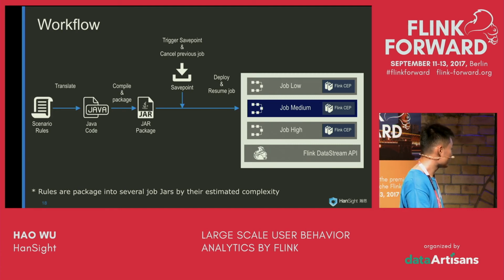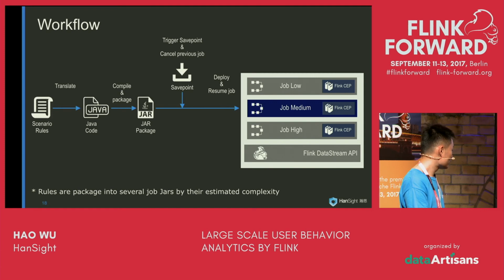Rules are, as I mentioned, that you only have one rule jar. If you have hundreds of rules, that'll be a problem, because every event will have to be matched by all the rules. Flink CEP doesn't support that. It won't even start. It'll fail in the initialization phase.